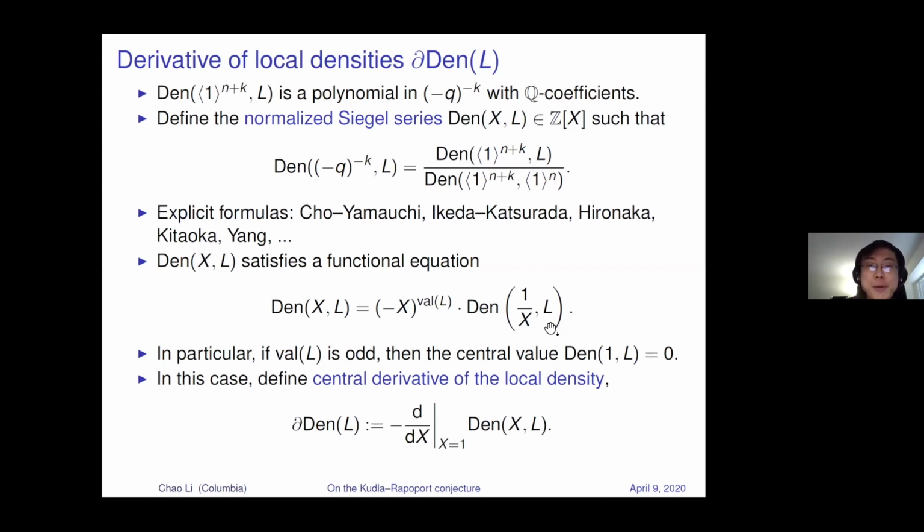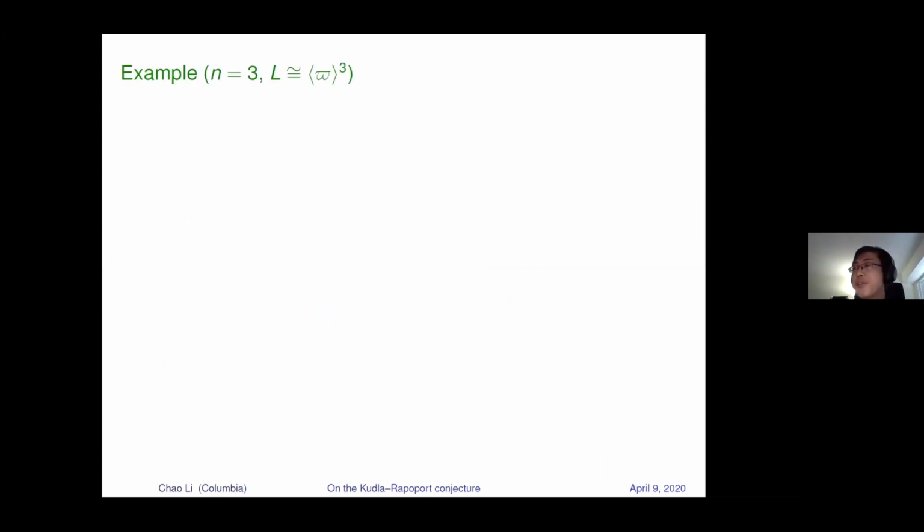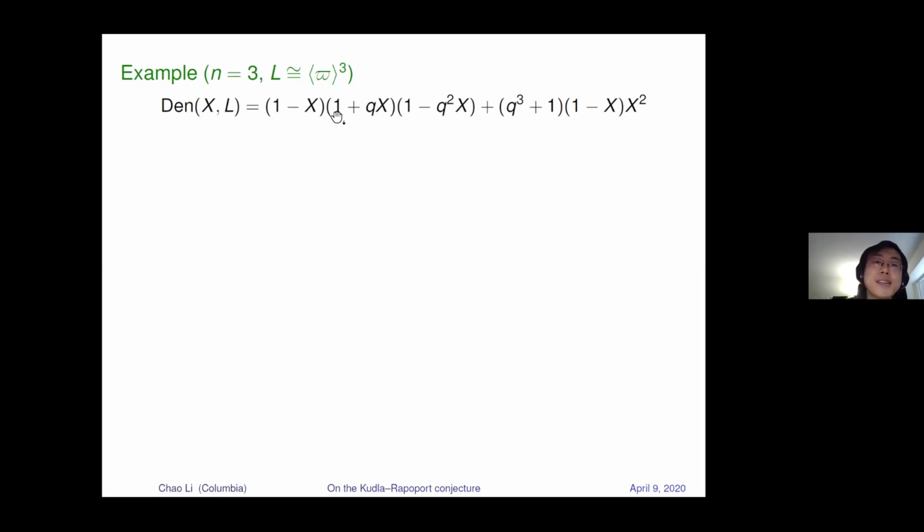You can see this is a purely analytic quantity that I can construct for any Hermitian lattice L. Let me give you another simplest example. In this case, L is a rank 3 lattice with basis of norm pi. If you just plug in the explicit formula due to Cho and Yamauchi, you get this integral polynomial. The first factor is quite simple, and the second factor is already slightly more complicated, and you see this q(q plus 1).